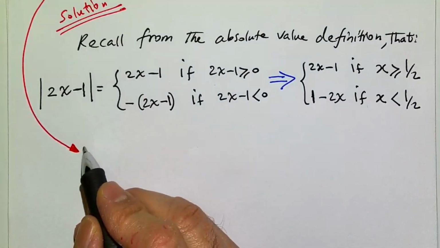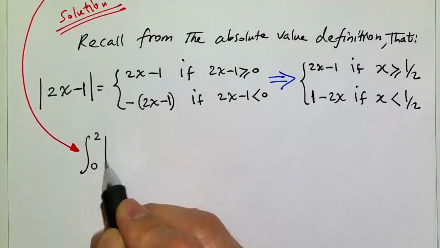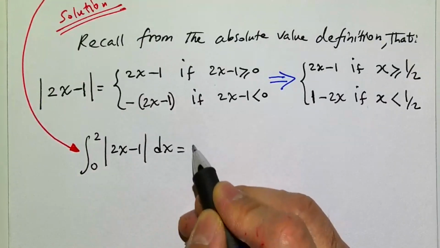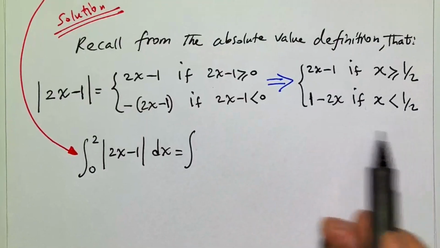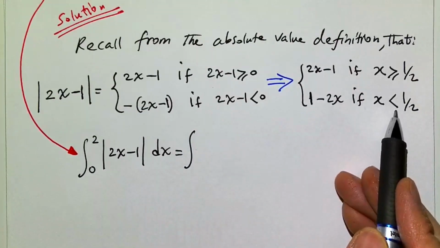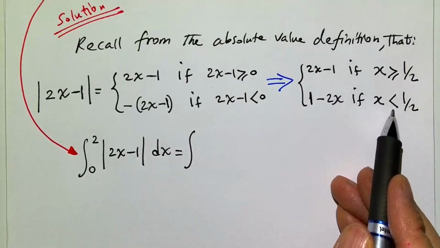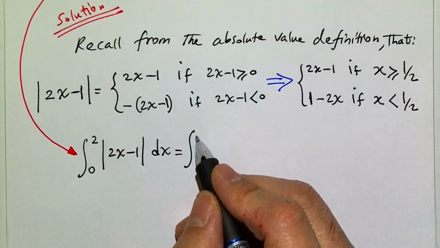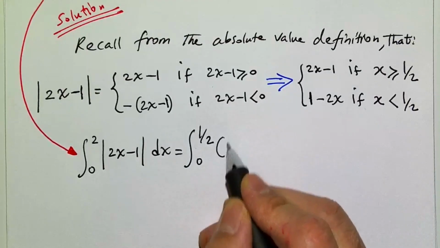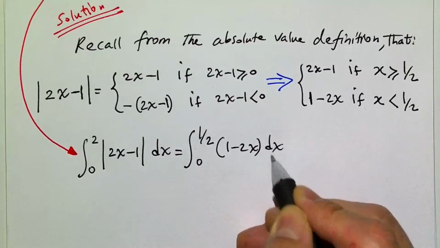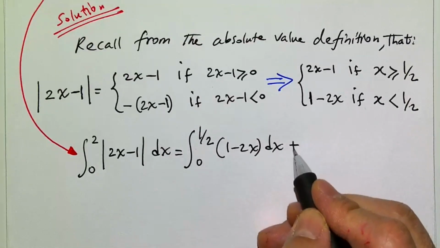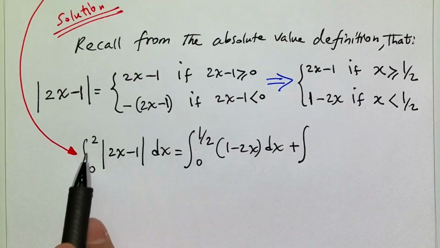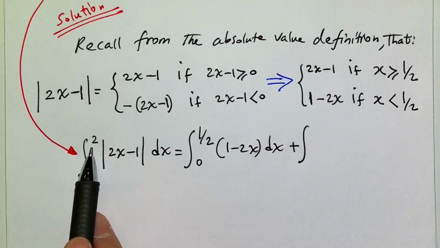Then that integral, which was 0 to 2 of the absolute value of 2x minus 1 dx, is equal to the integral from 0 to 1/2 of 1 minus 2x dx, plus the rest of it, which is from 1/2 to 2, that's the upper limit.